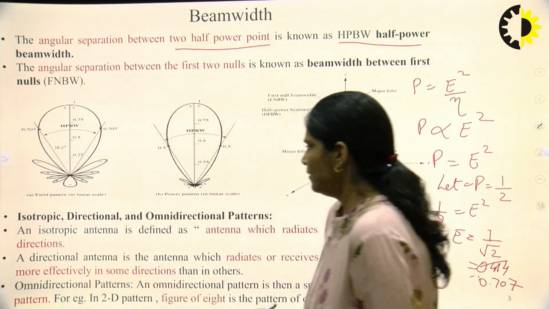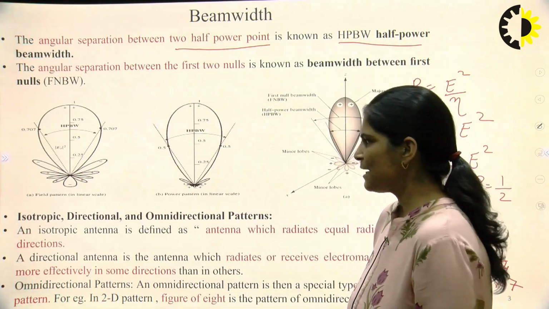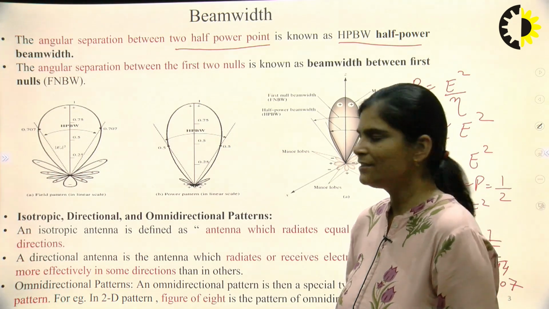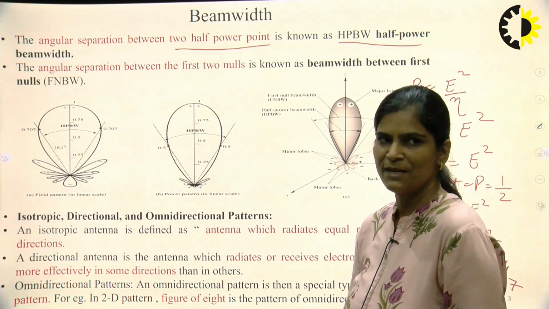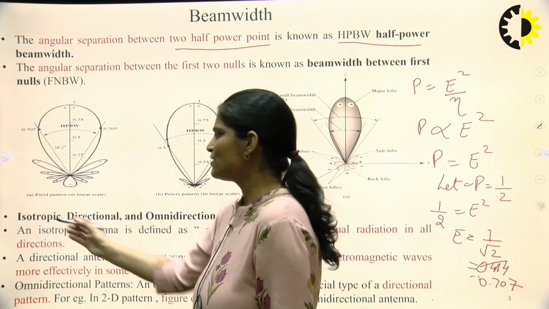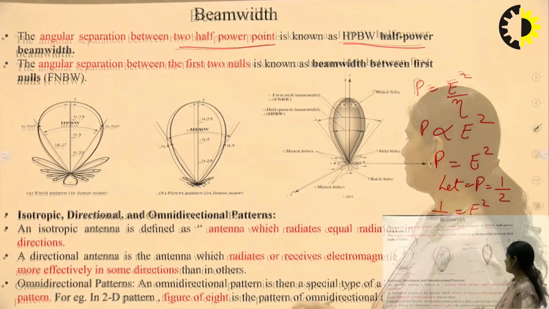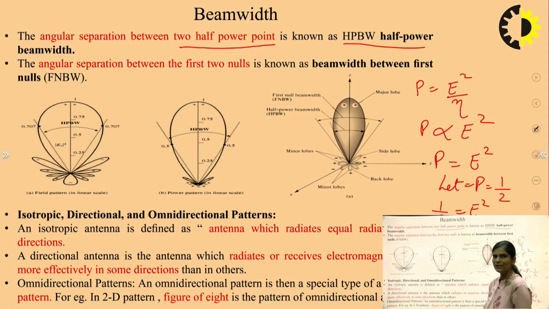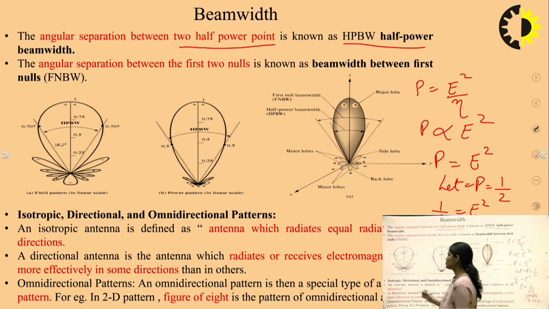Now there are three types of patterns: isotropic pattern, directional pattern, and omnidirectional pattern. First is isotropic, where we have equal radiation in all directions; that is known as an isotropic antenna.